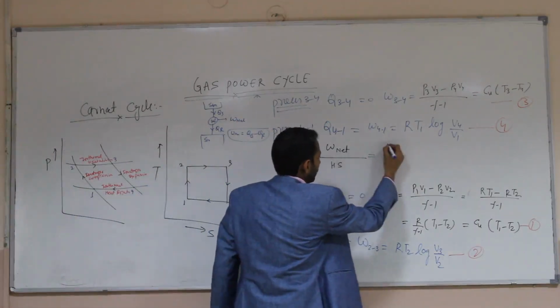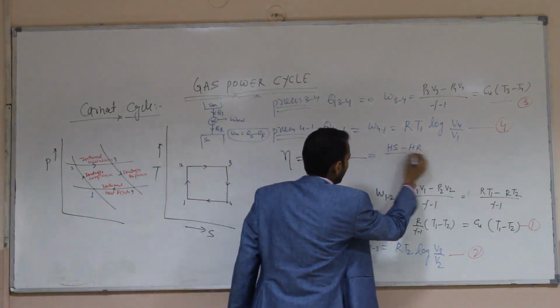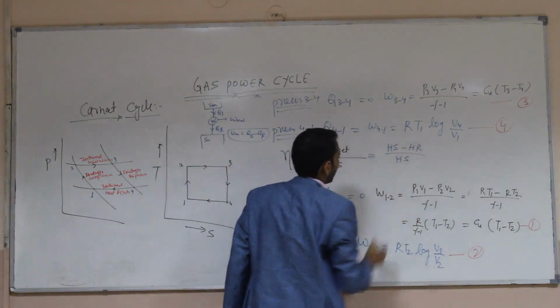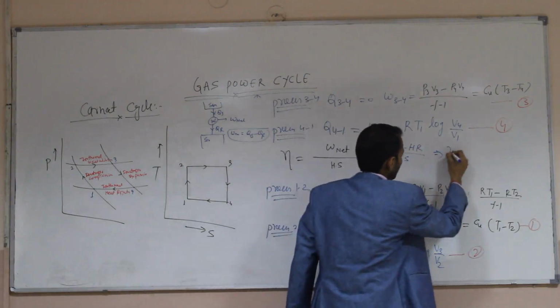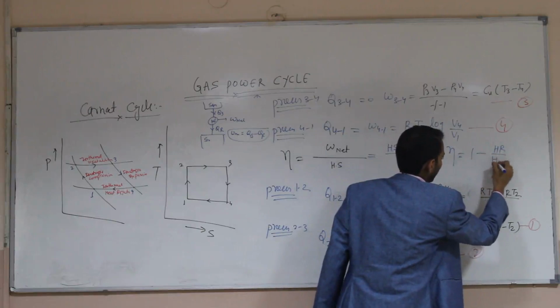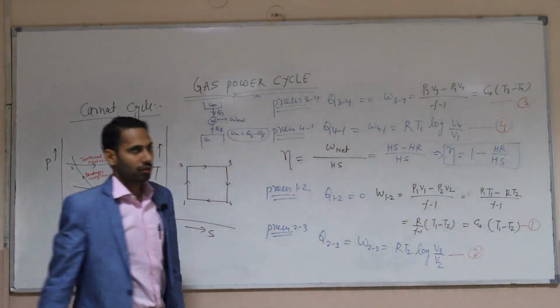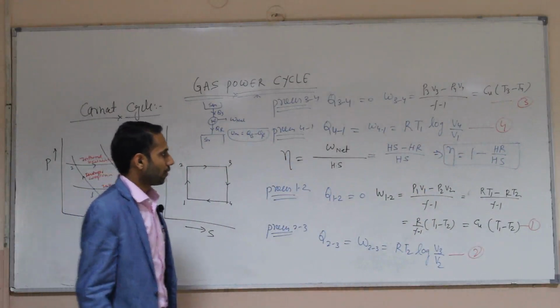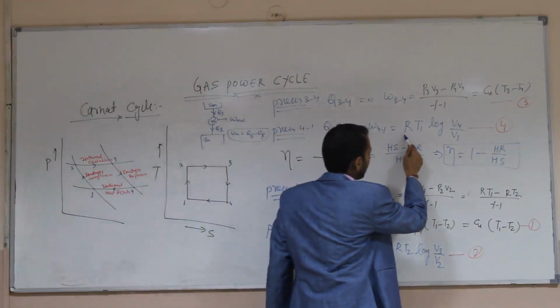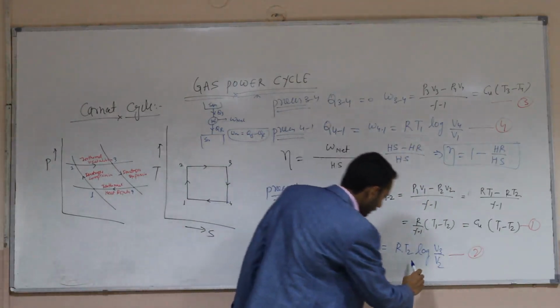So efficiency is heat supplied minus heat rejected divided by heat supplied, which comes out to be 1 minus heat rejected divided by heat supplied. From equation number 4, we have heat rejected, and from equation number 2, we have heat supplied.